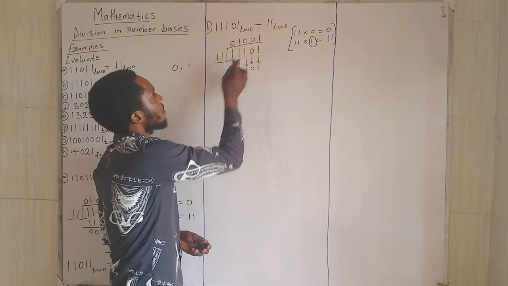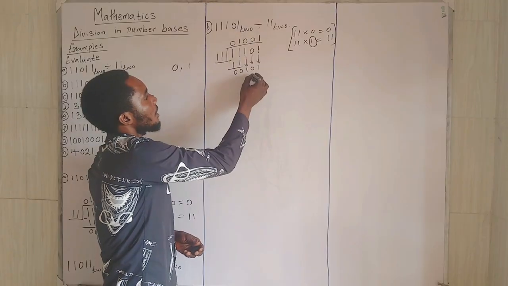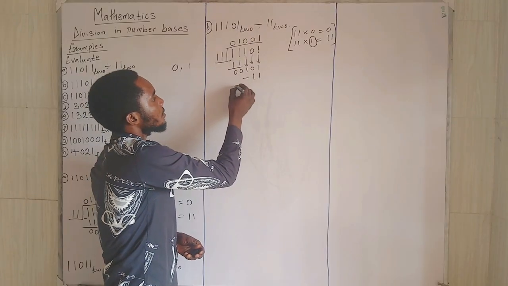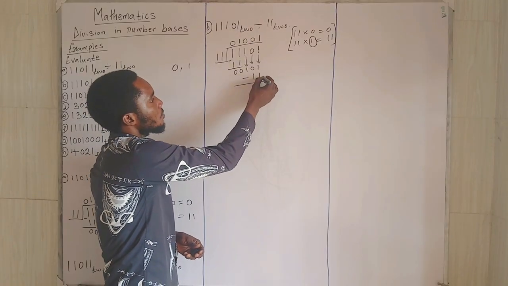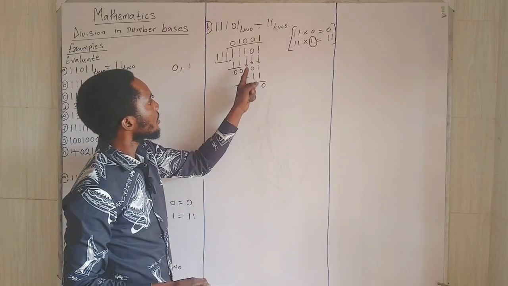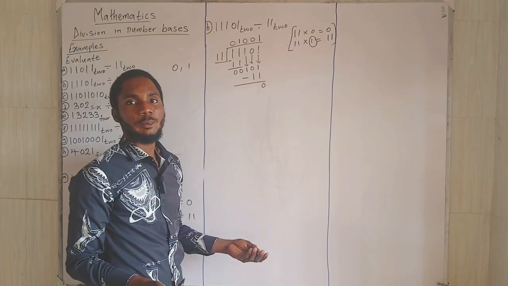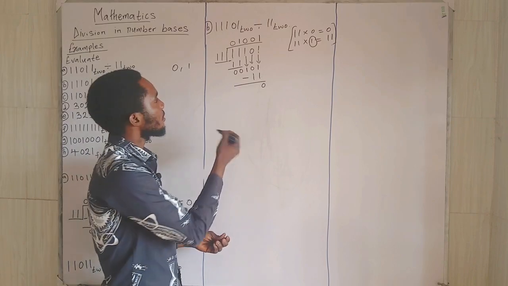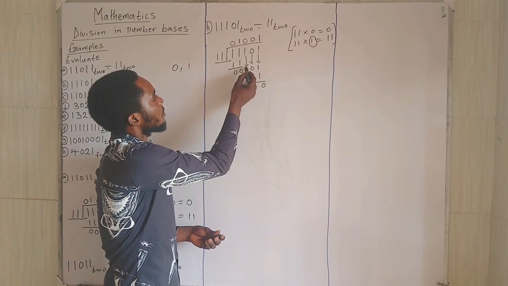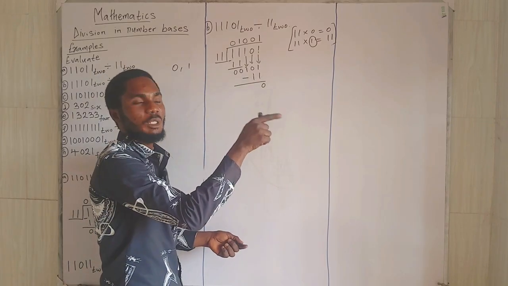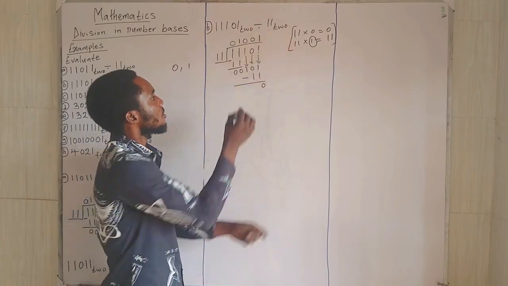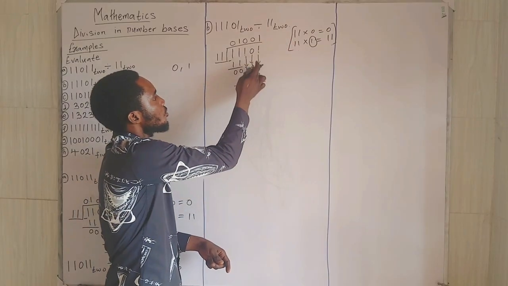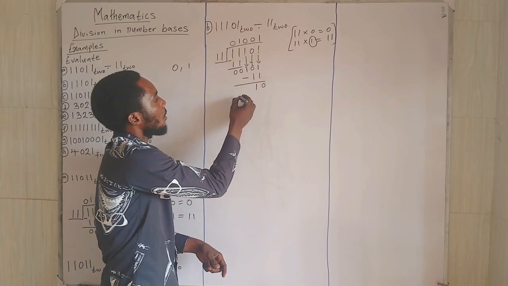So we write 1. 11 multiplied by 1, that is 11, minus: 1 minus 1, 0. 0 minus 1, that is not possible. In our last class, we said we borrowed 1 from the next digit, and this is 0. The one that we borrow, we turn to the base. The base we are working with is base 2, and we have this to be 2. 2 minus 1, that is 1.